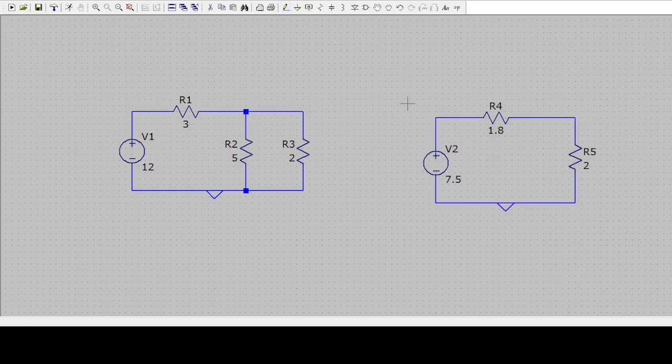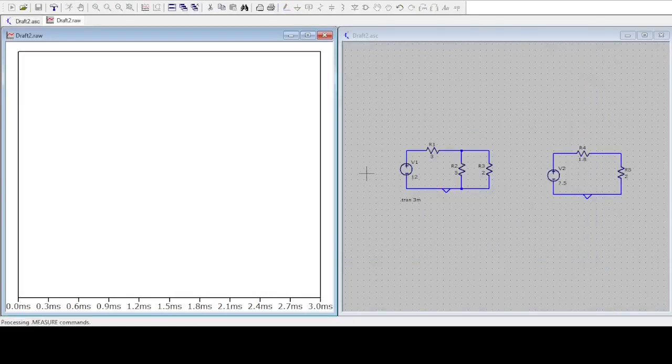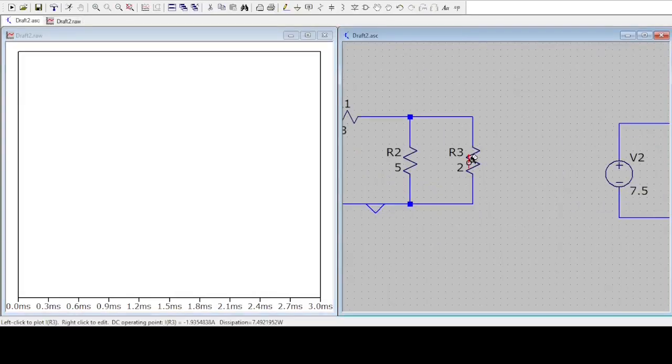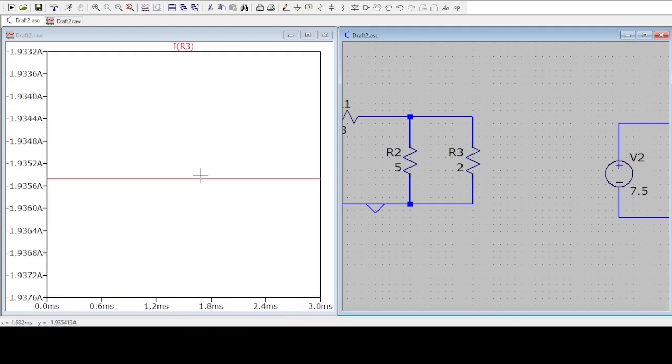Since Thevenin's theorem says that these both circuits are equivalent, we want to see whether the current flowing through the R3 resistor is the same as through R5. So run the schematic. If I probe the current through R3 in the original circuit, I get approximately 1.9 ampere.